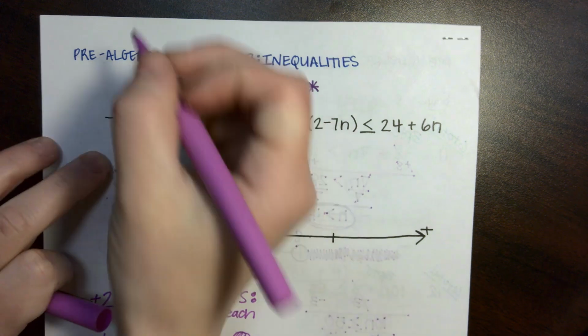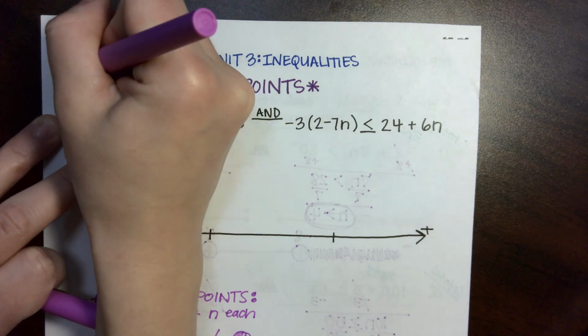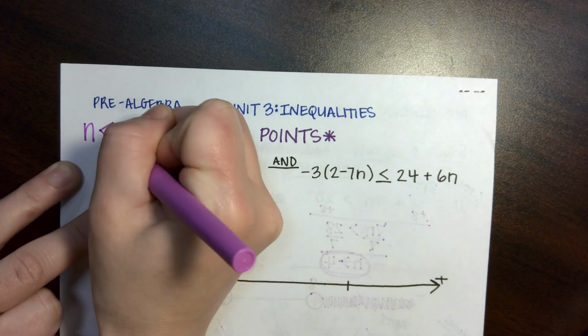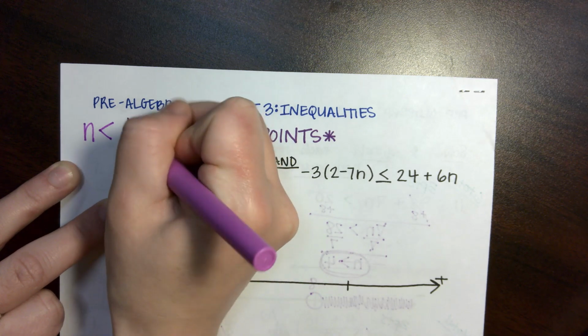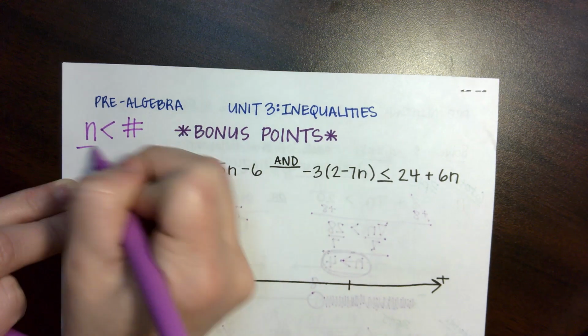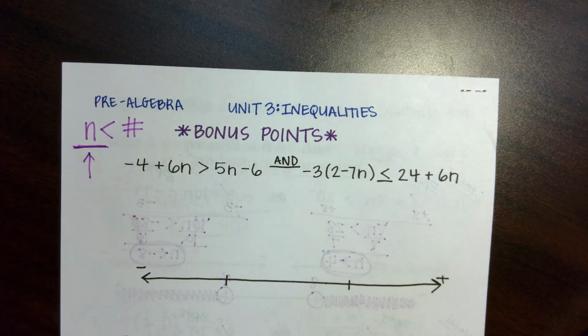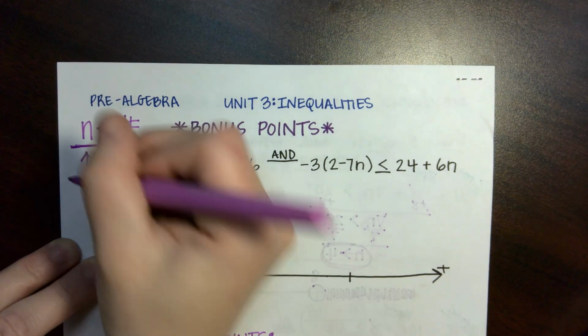So let's make a little note. Remember, your answer should be n first is either less than or greater than or something, a number. Your n needs to be on the left side of your inequality.